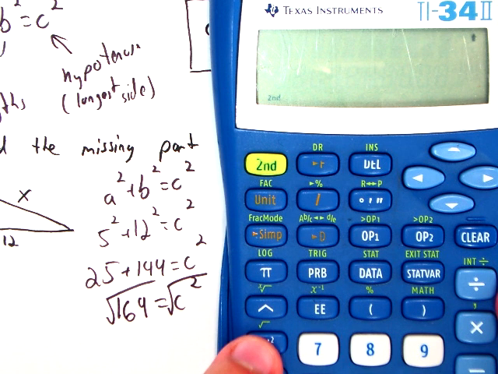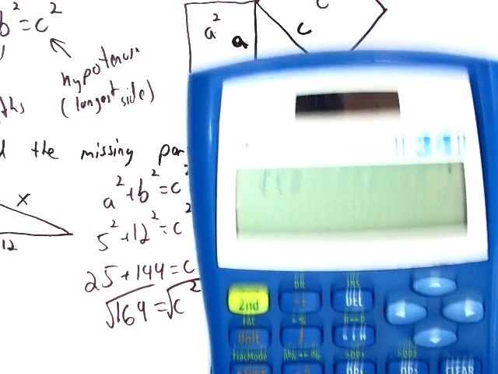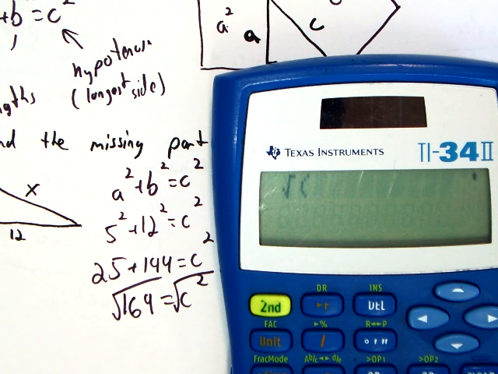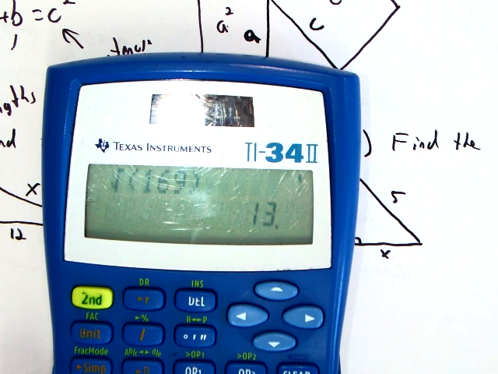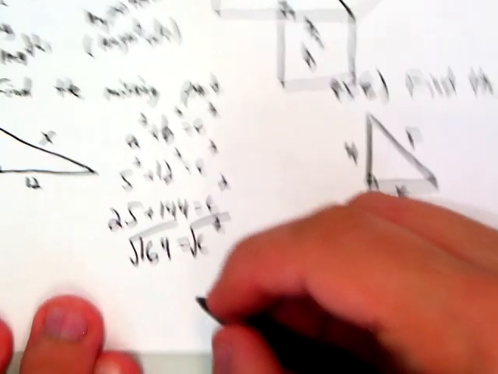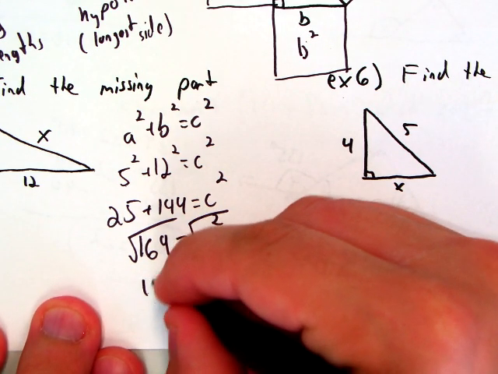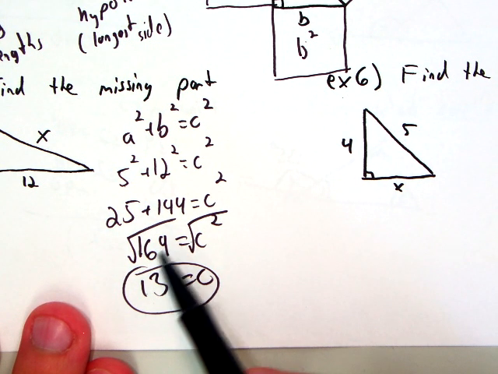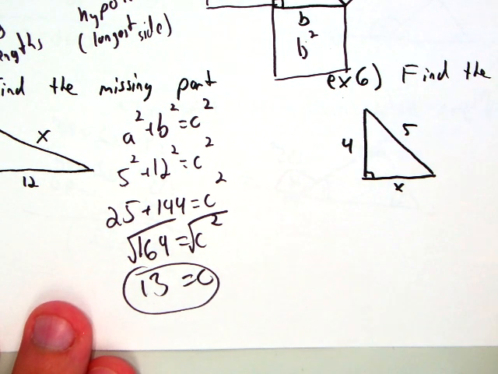So if you hit second and then x squared on your calculator, a little radical sign will show up. You then type in the number, so 169, and then close the parentheses. Once you hit enter, you'll get an answer of 13. And that is what c squared is. So c equals 13. You should also recall that 169 is a perfect square.